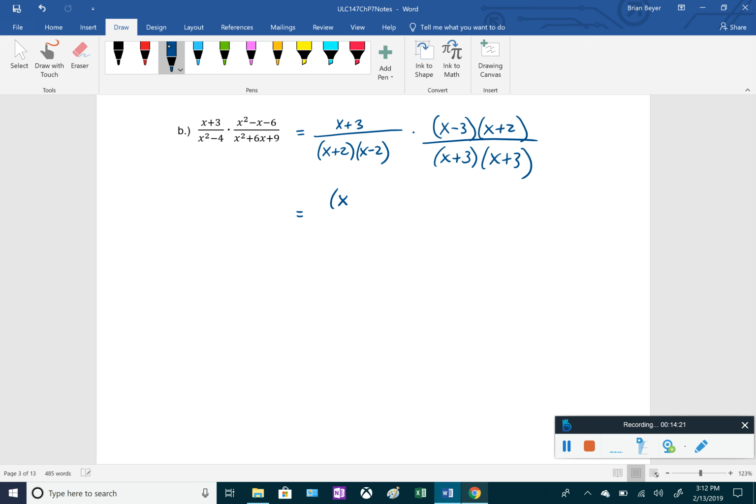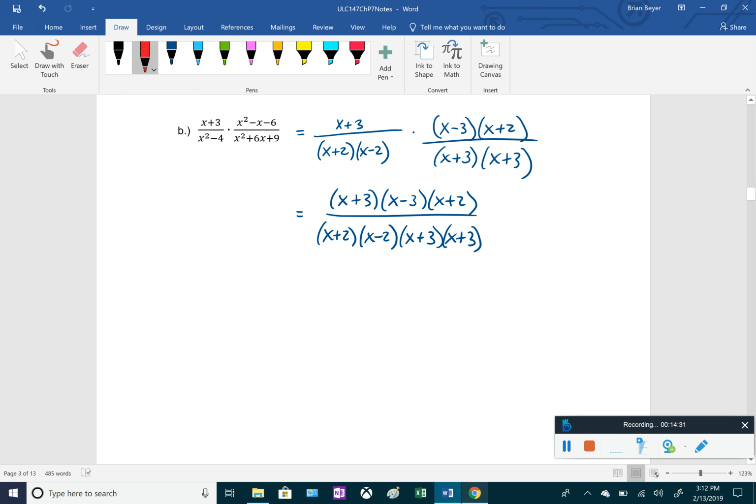So I'm going to write this in one big fraction now. And we get this. So cancel common factors. We have (x plus 3)/(x plus 3), (x plus 2)/(x plus 2), and I think that's it.